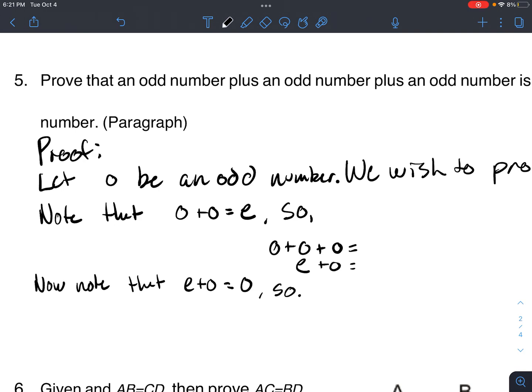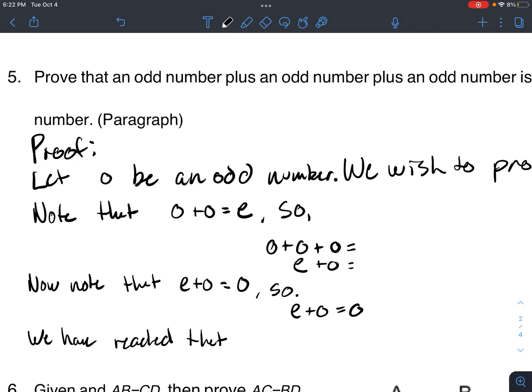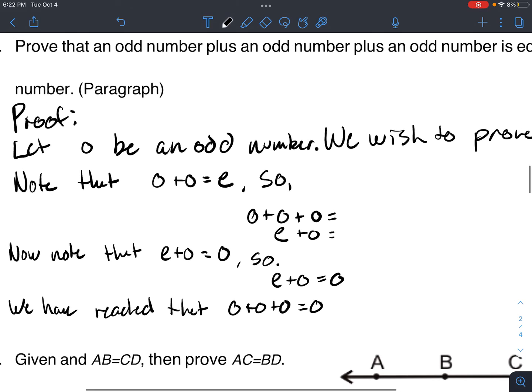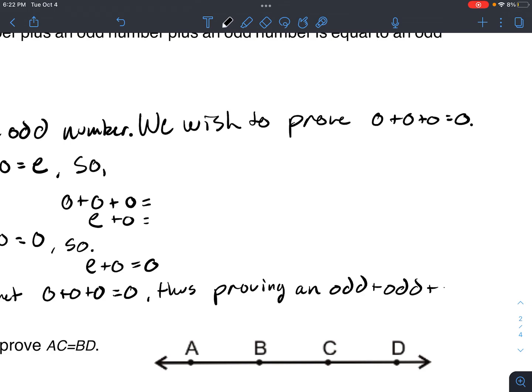So E plus O is equal to O. So now we could say we have reached that O plus O plus O is equal to O. Thus proving an odd plus odd plus odd is equal to odd.